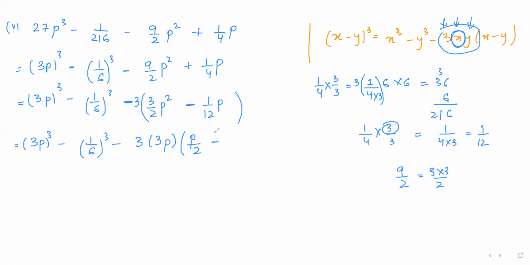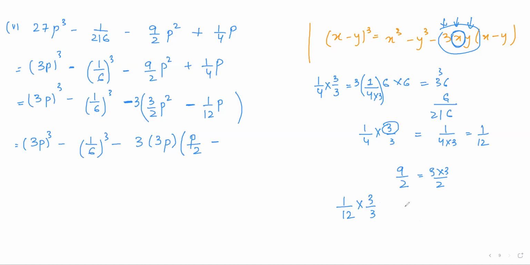Now again, you see, this p is already outside, right? Now you have 1 upon 12. You want to take 3 common from 1 by 12, right? How will you take? Again, you multiply 3 by 3. No issues?